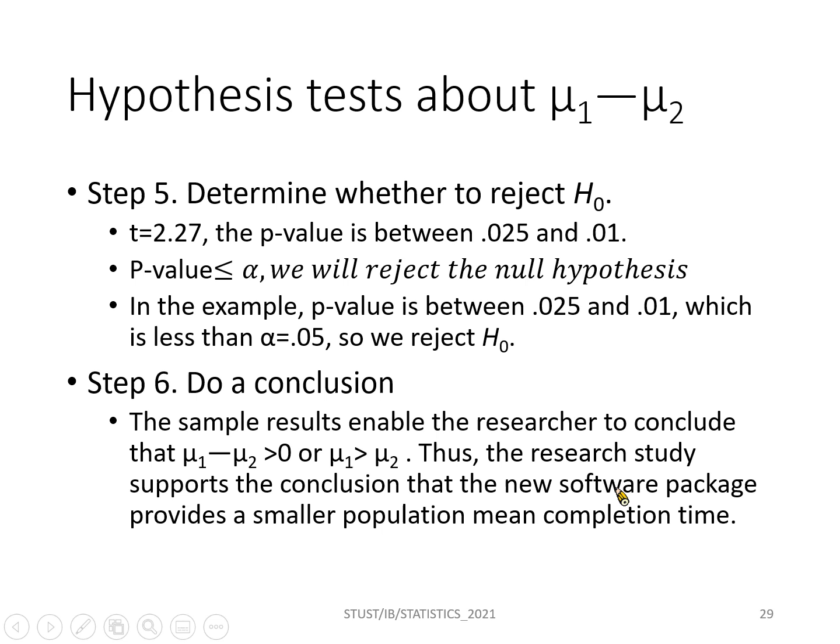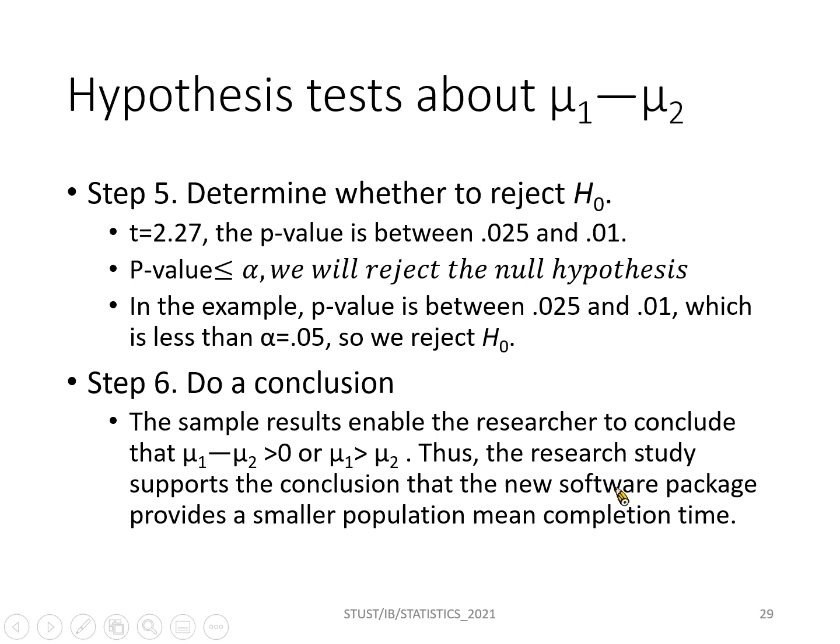Based on the rejection rule, if the p-value is less than or equal to alpha, we reject the null hypothesis. Because it's a one-tail test, you don't need to double the p-value. Here the p-value is between 0.025 and 0.01, which is less than alpha, which is 0.05, so we reject the null hypothesis.